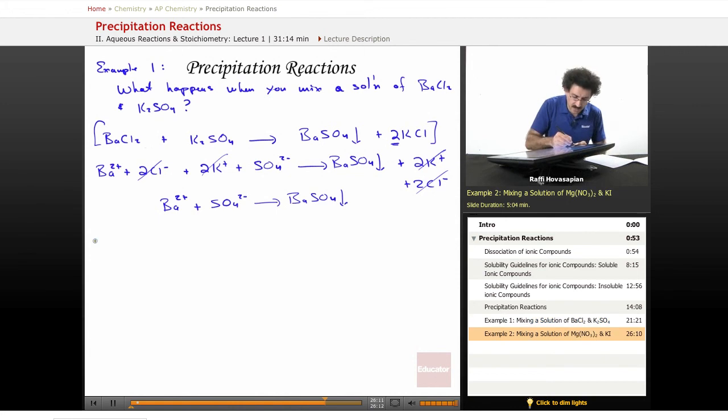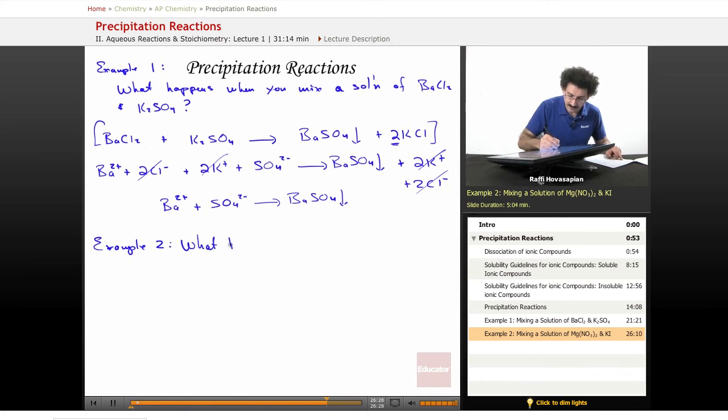Let's do one and see what happens here. So our second example is going to be, let's mix a solution. Well, let's actually spell out the problem.